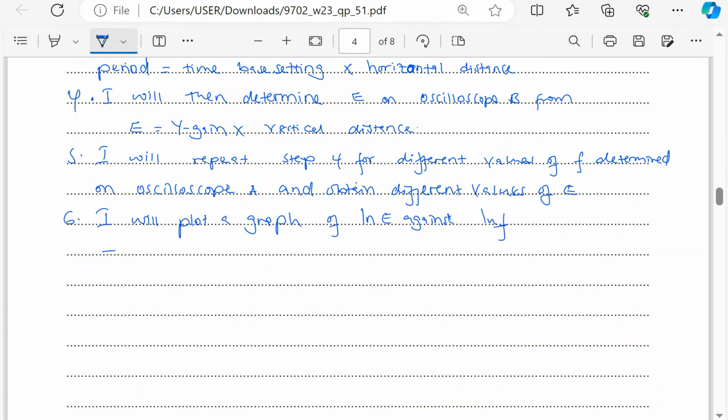The relationship is going to be valid if it is a straight line, which has a y-intercept, so it doesn't go through the origin.